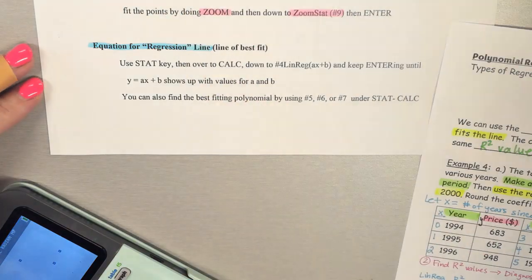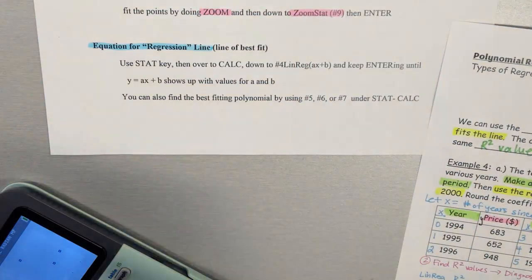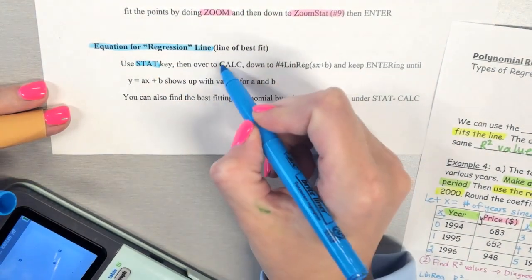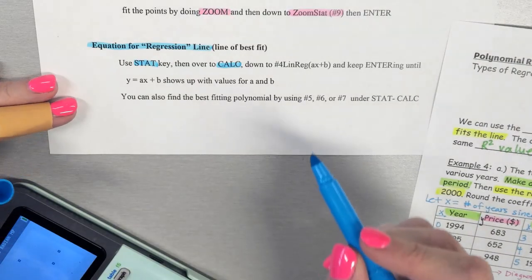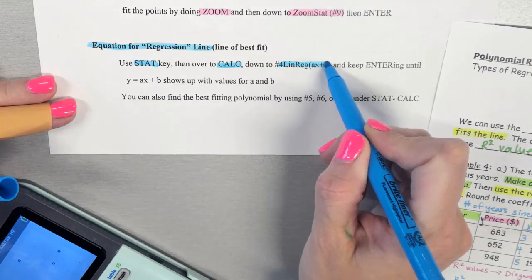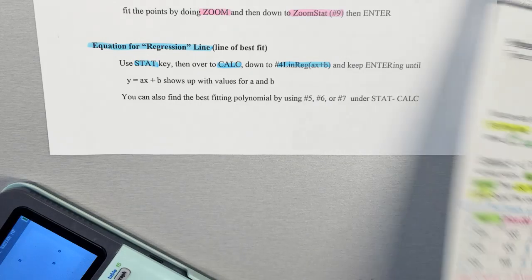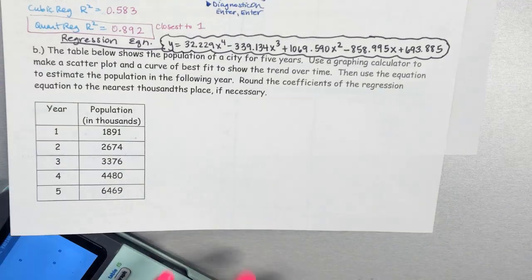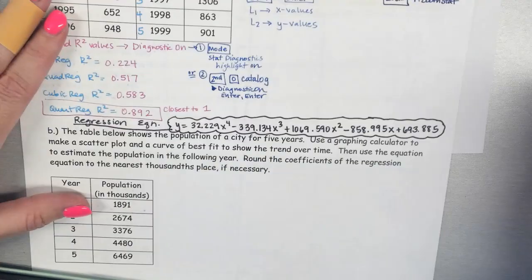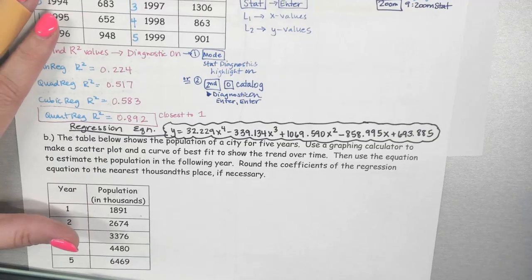So we are going to hit the stat button, and then we arrow over to calc, and then we go down to the linreg, which is number 4. Okay, you're going to keep pressing enter until it shows up with those values. Okay, but in this case, for the one that we are doing in particular, we decided that ours was quad reg. So that's what we're going to do for this one. Okay, so this is called the line of best fit.